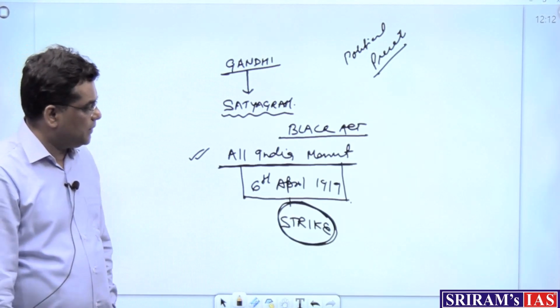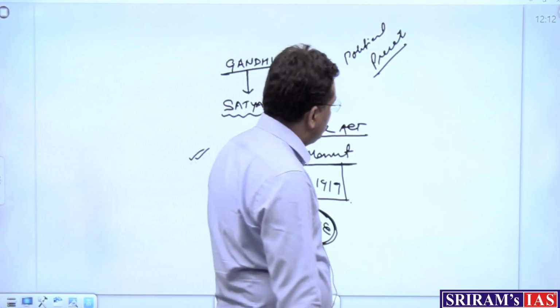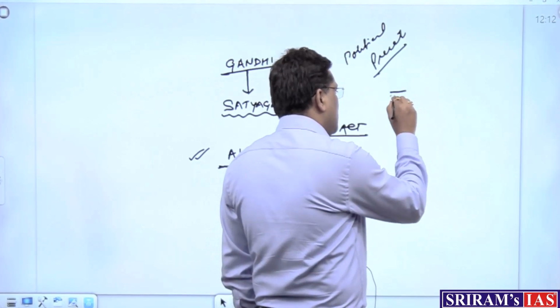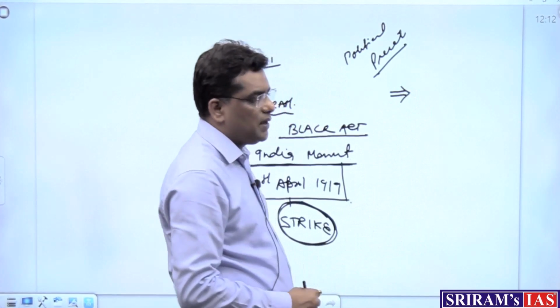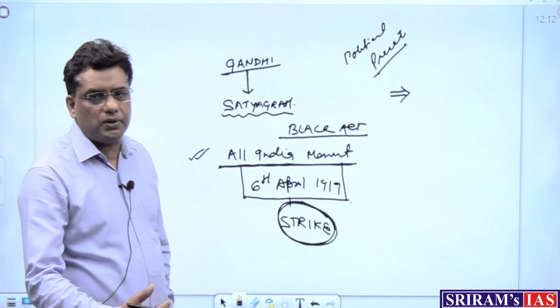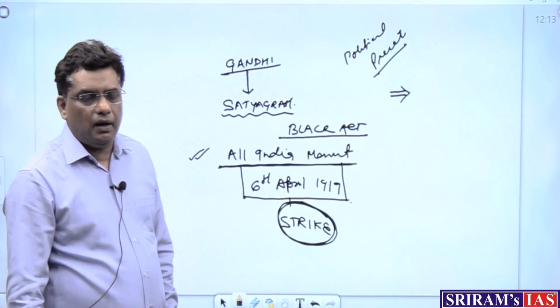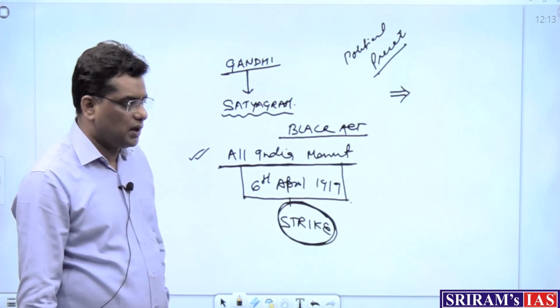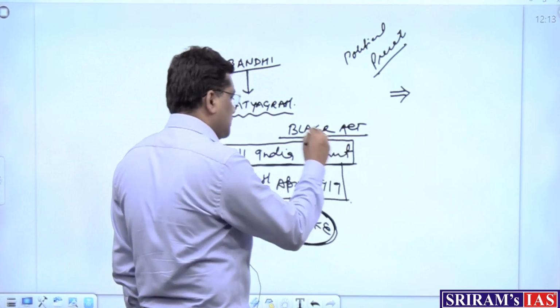So Gandhi was taking the lead. Meanwhile, despite the fact that Gandhi made it very clear that the entire movement would be non-violent, there was stray violence at many places, and therefore Gandhi was quite suspicious. However, he tried all the methods.